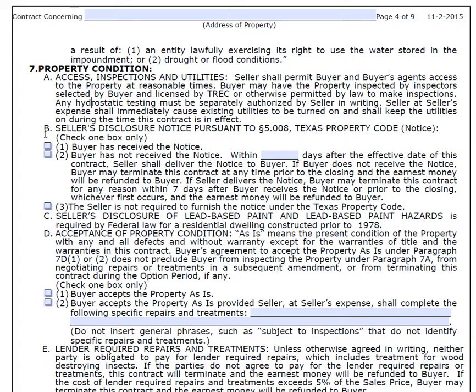And then 7B3 says the seller is not required to furnish the notice. And this would be bankruptcy trustees, it would be banks and people who have assumed or reclaimed the property during foreclosure. It would be an estate sale with a fiduciary. It could be between spouses in divorce. It's new residences that have never been occupied for single family purposes.